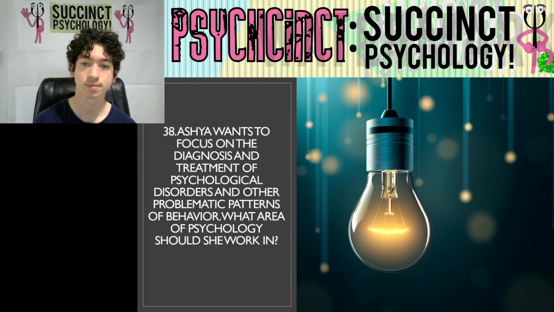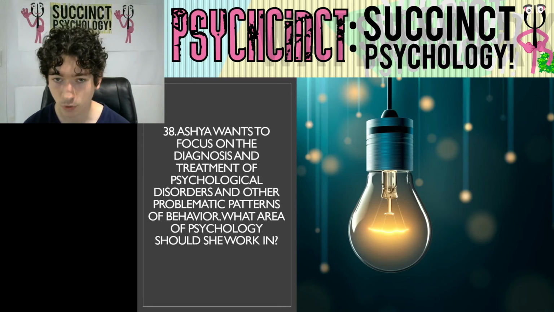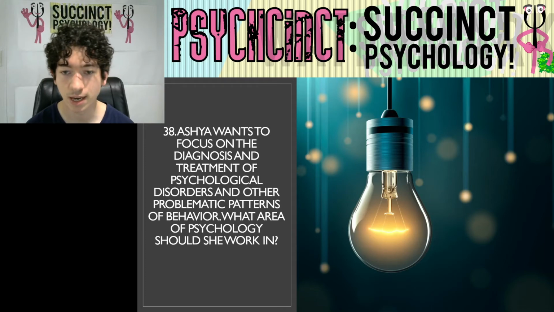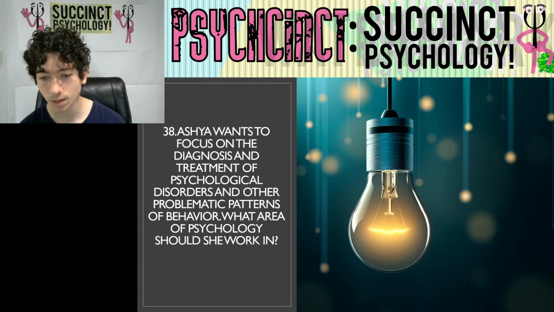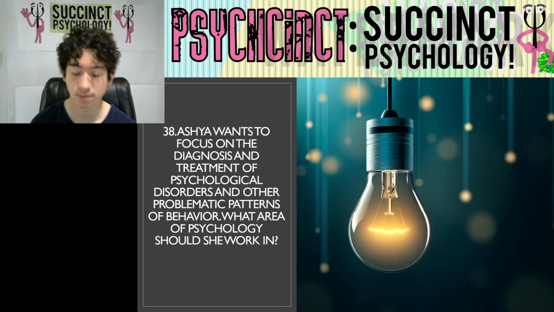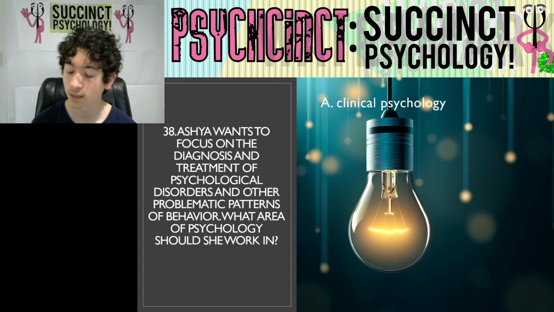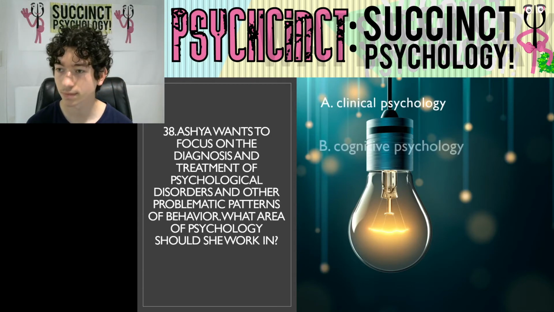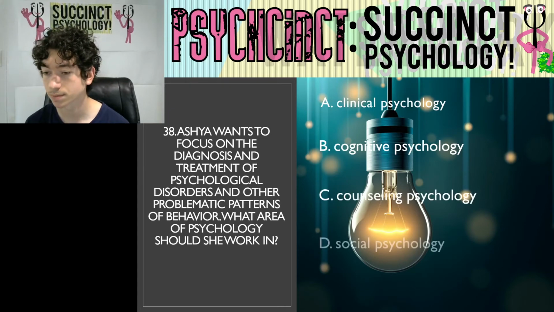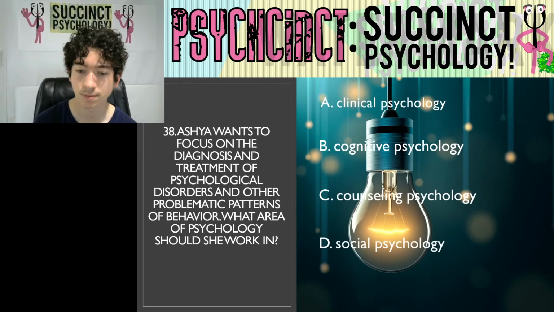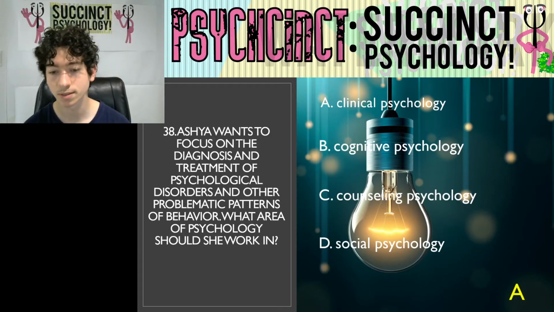Question 38. ASHYA wants to focus on the diagnosis and treatment of psychological disorders and other problematic patterns of behavior. What area of psychology should she work in? Clinical psychology, cognitive psychology, counseling psychology, or social psychology? If you chose clinical psychology, you are correct.